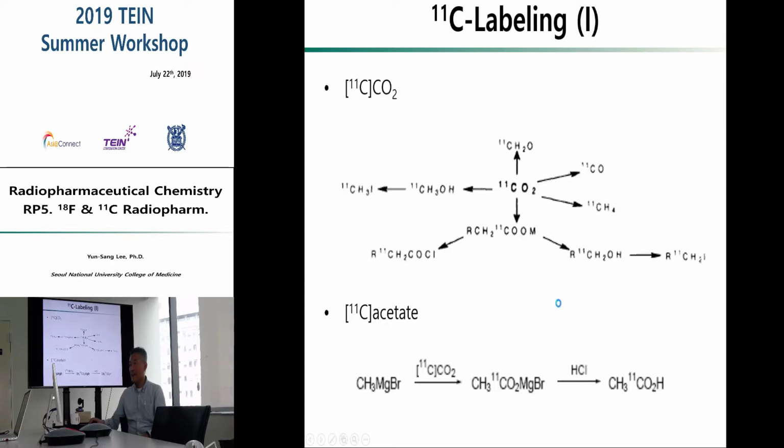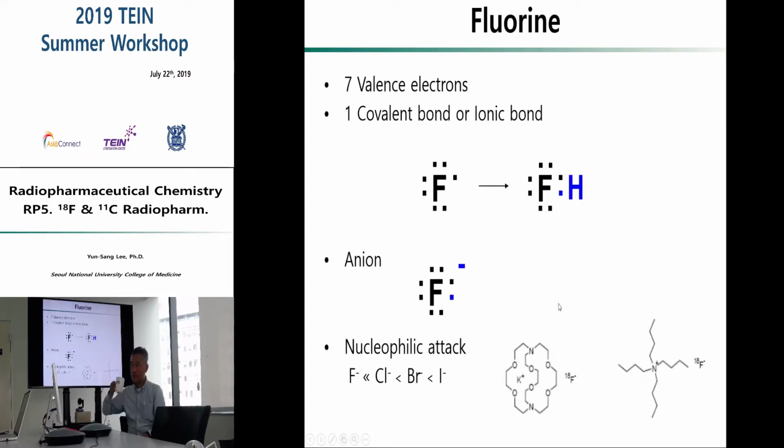So, can we label more than one element? Because it has the same problem of specific activity. You know that F18 normally comes with more than 99.999 of F19. There is still some controversy, because we never use the F18 source from the cyclotron directly in the automatic module.